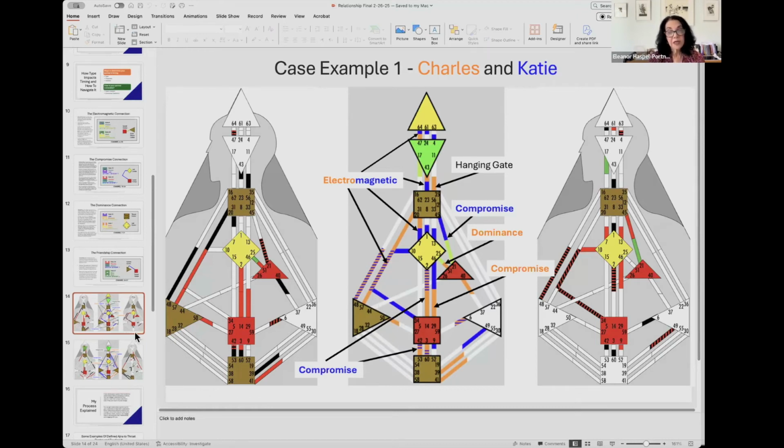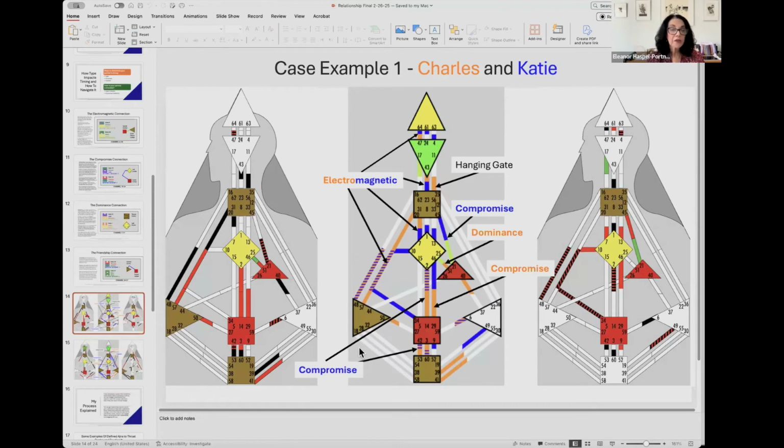So given that Charles has the 57-20 and Katie has the 34-10, there is a portion of what Charles is moving toward and what Katie is feeling, where there's overlapping perceptions of what's right for each of them.